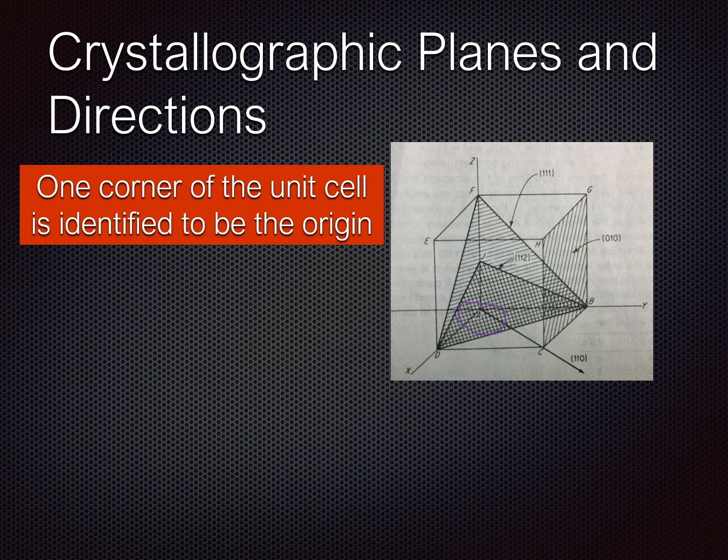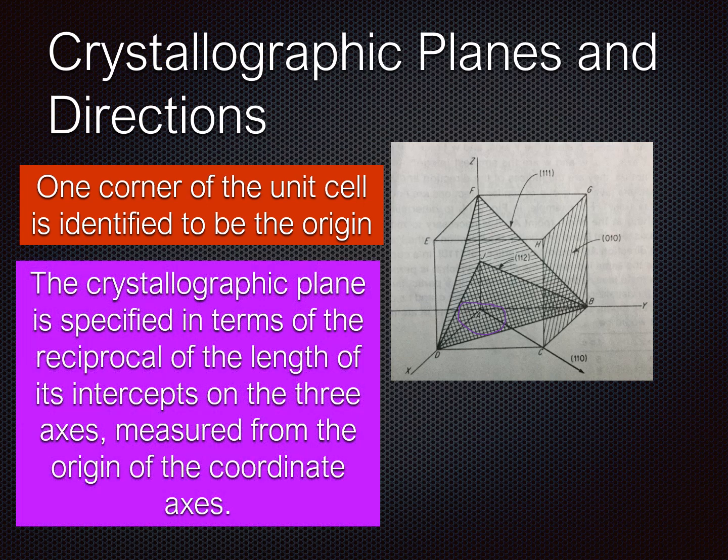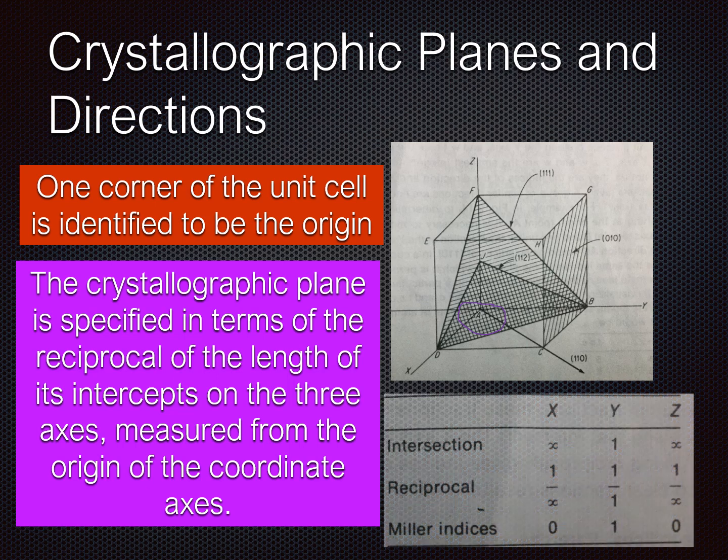The crystallographic plane is specified in terms of the reciprocal of the length of its intercepts from the three axes, measured from the origin of the coordinate axes. They are then reduced to the lowest common denominators to give the Miller indices h k l of the plane.